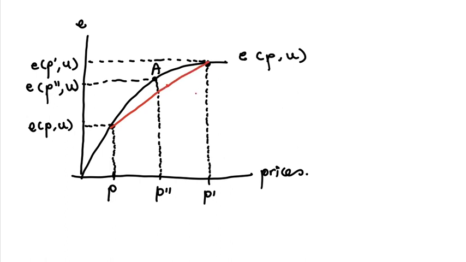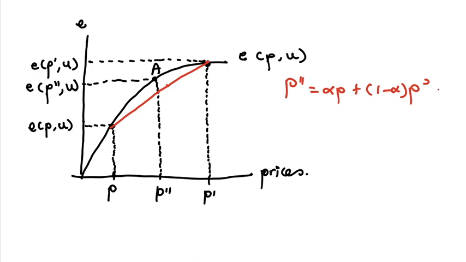This is a linear combination of P and P prime. So P prime could be somewhere here. Again, P double prime is a linear combination between P and P prime.